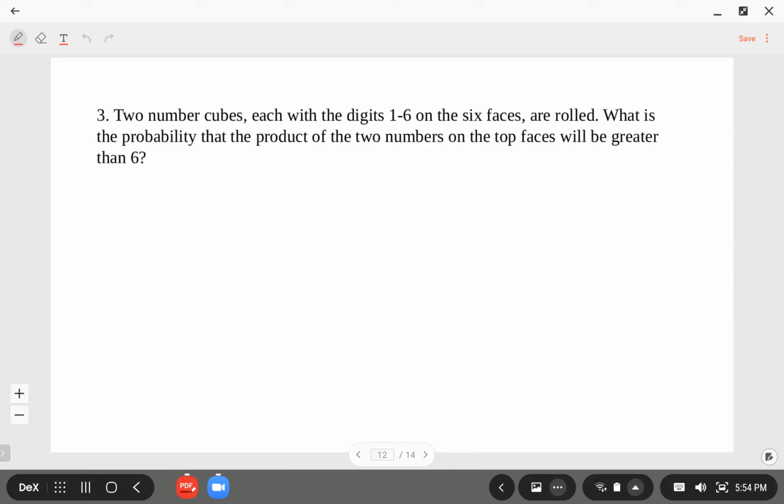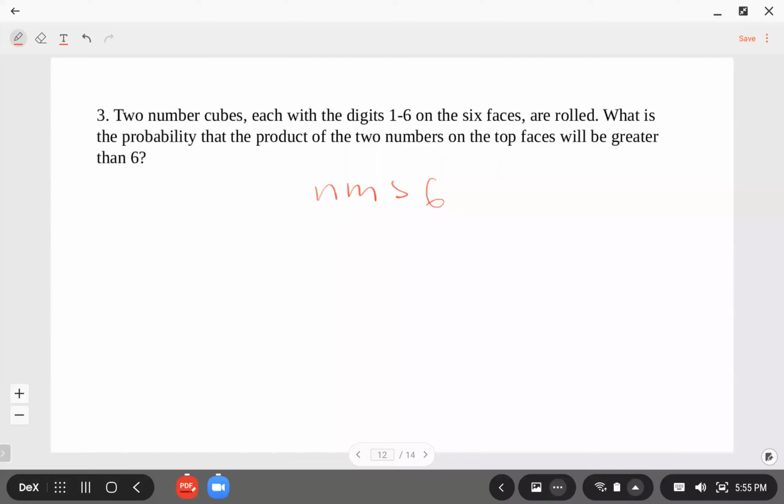We're supposed to find the products of these two numbers, right? And let's say the first picked number will be n, and the second one will be m. N times m is greater than 6. That is going to be our inequality here. It has to be greater than 6.